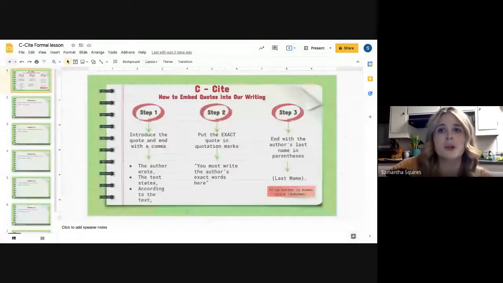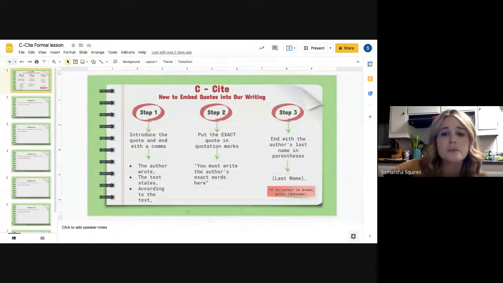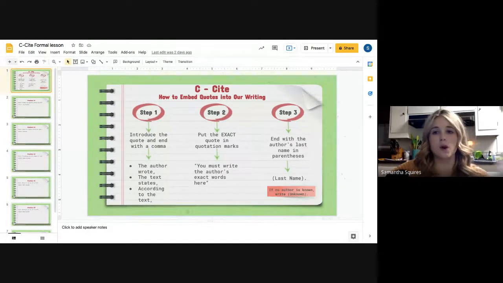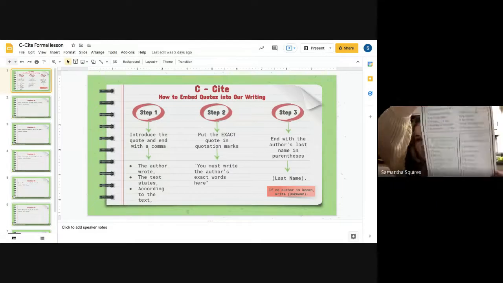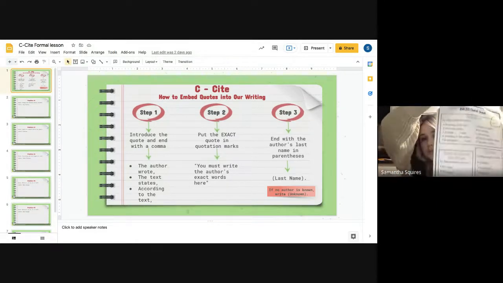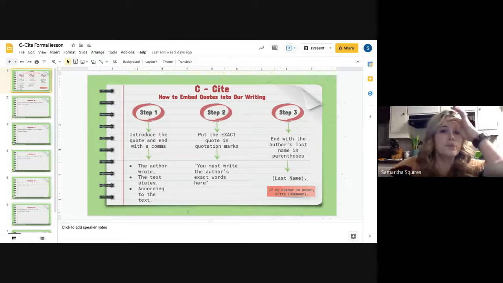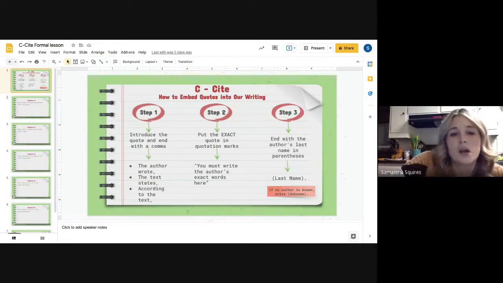These are going to be the two big ones we're going to focus on, and this is where your little cheat sheet that I have for you is going to come in handy, because a lot of the times we're going to be focusing up here. So first you have to introduce the quote, and then you're going to have a comma.